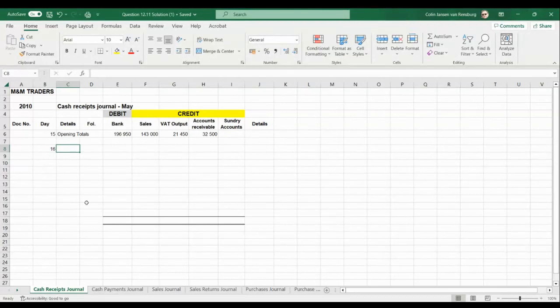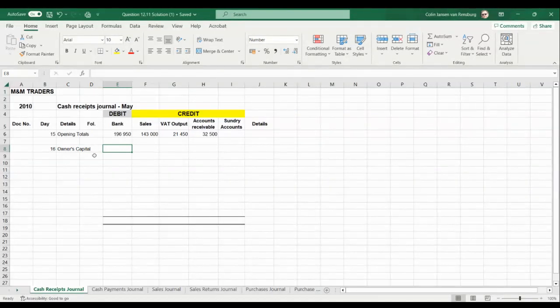And this will be owner's capital, the amount that we will receive in our bank account.